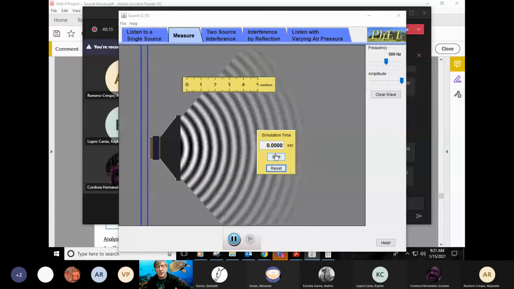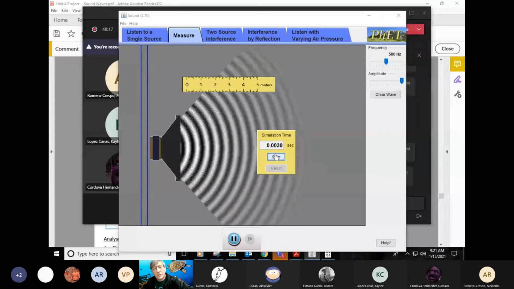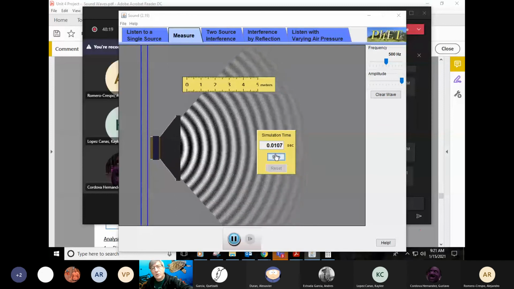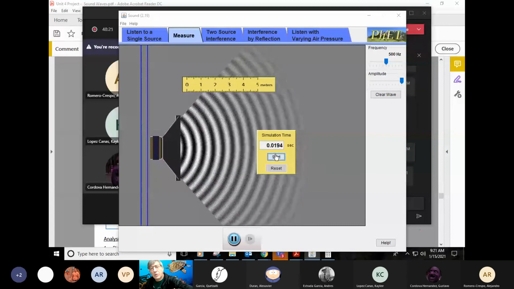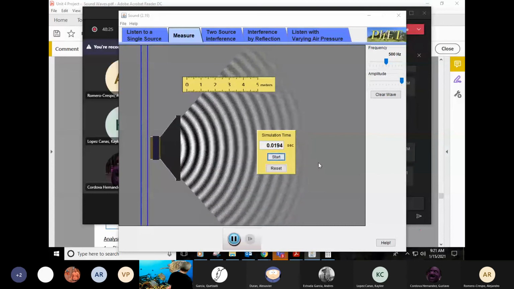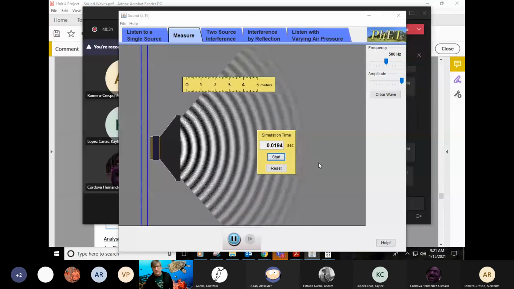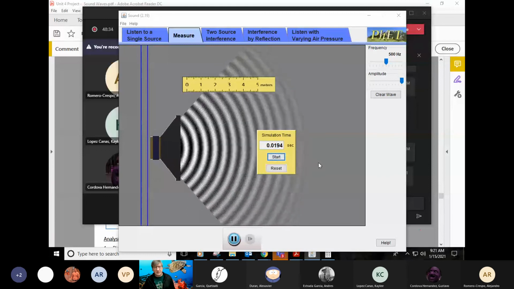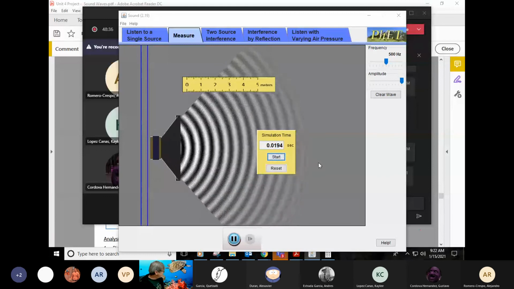And the third trial. 0.0194. Add those 3 together, divide by 3 to get the average.